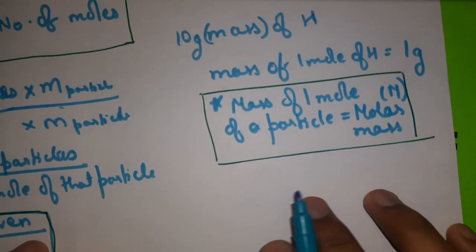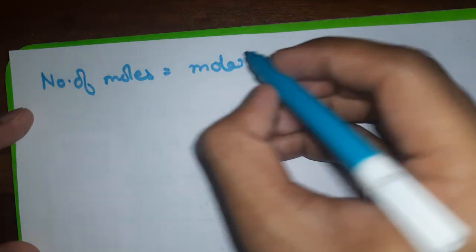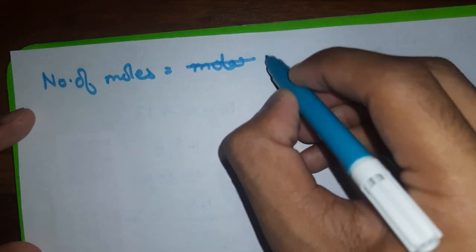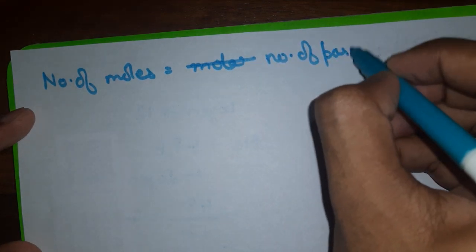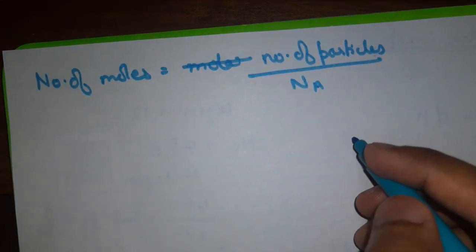Now there is another formula, a third formula. Till now, the formulas we learned: number of moles equals number of particles divided by number of particles in a mole.